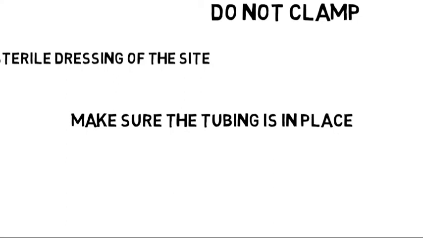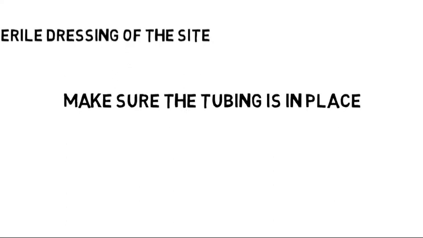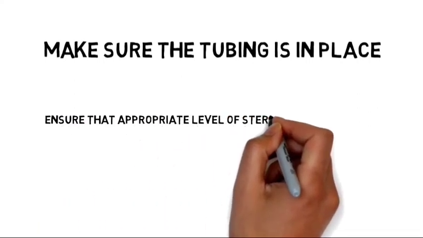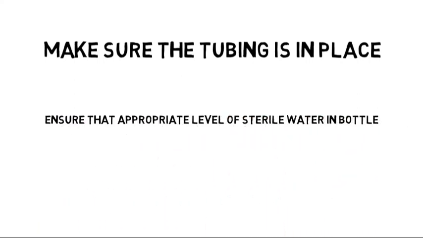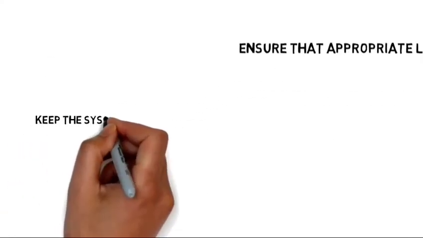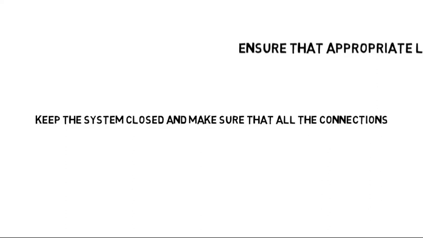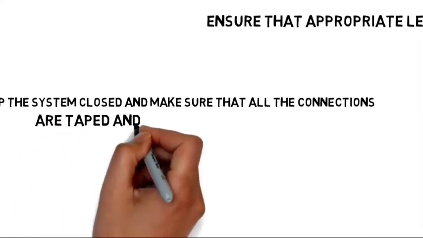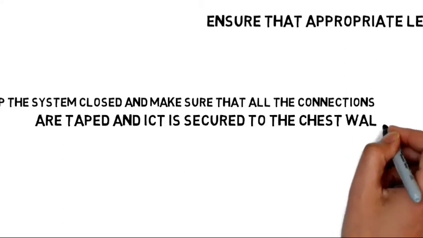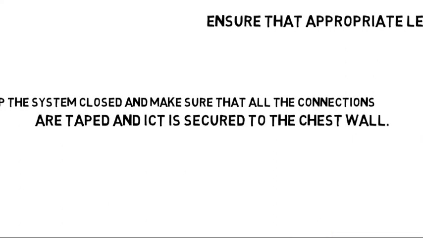Make sure the tubing is in place. Ensure that appropriate level of sterile water is in the bottle. Keep the system closed and make sure that all the connections are taped and ICT is secured to the chest wall.